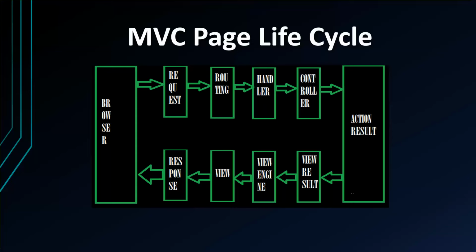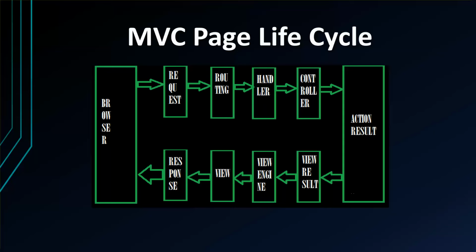Let's have a look at each phase. How the request is processed, from the request to the routing handler and controller, from the web request to view engines and view, and the response back to the browser. In MVC, there are no physical files for each request as we traditionally used to have in ASP.NET.